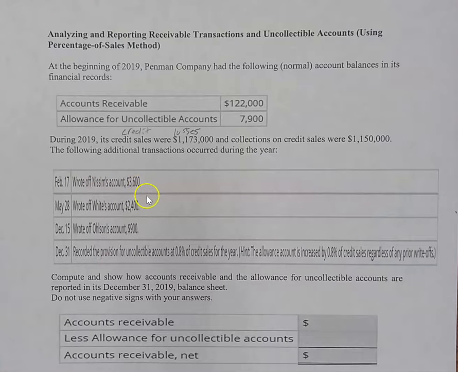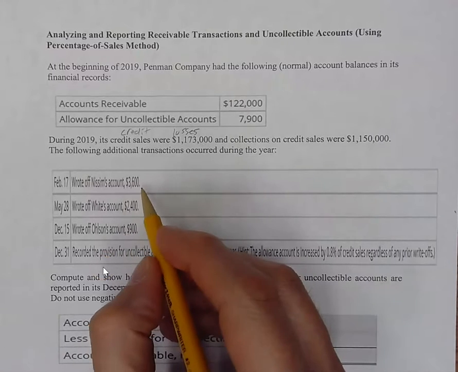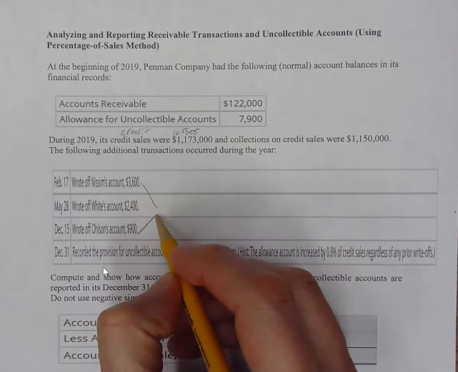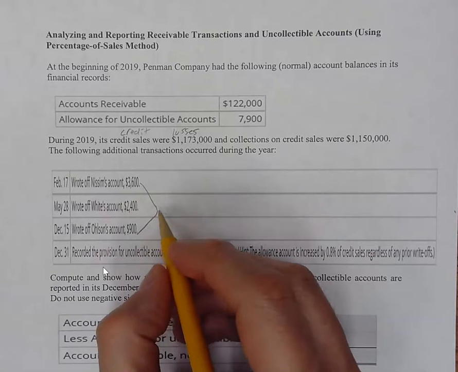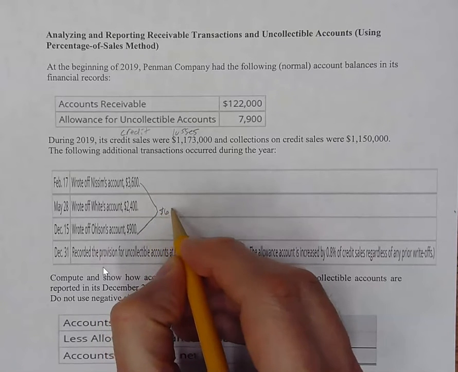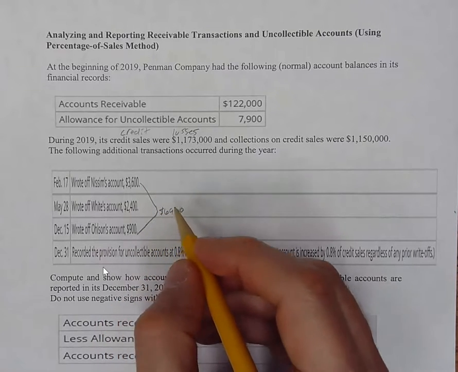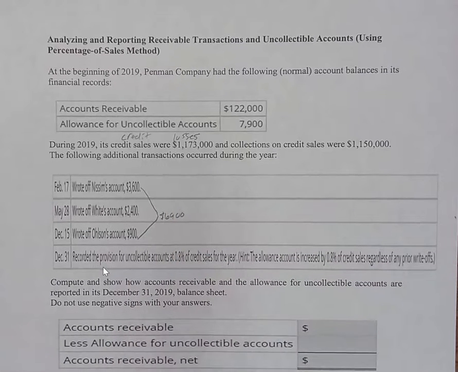I want to say these numbers, the way this populated, are a little bit difficult to read. So they wrote off one account for $3,600, another one for $2,400, and another one for $900. We're not using the direct write-off method, so I don't want to get too much into the journal entries behind these. But in the aggregate, we had $6,900 in total write-offs for the year.